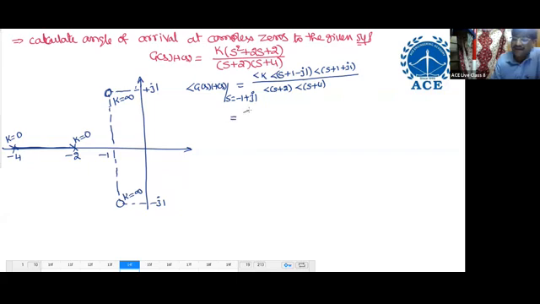Angle of K, substitute minus 1 plus j1, it will become 0. Substituting minus 1 plus j1 in the zero factor, it will become j2. Here it will become 1 plus j1. Here it will become 3 plus j1.